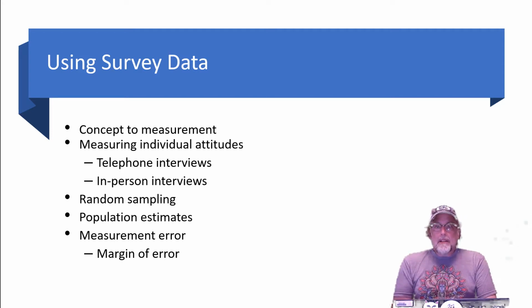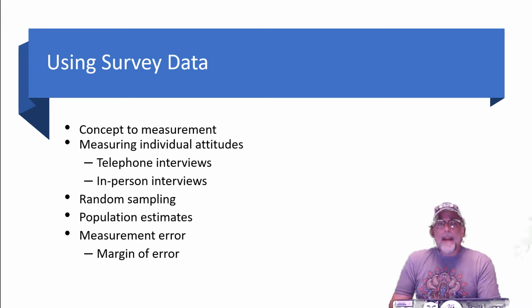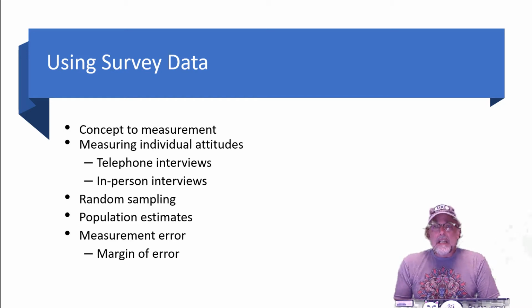Now, survey methodology has a couple of different ways that it can go. There are telephone interviews that can happen on a random basis. They use a random number dialer to randomly call people and ask them questions. There are in-person interviews. This is where you might sit down with somebody who's going to conduct the interview with you.